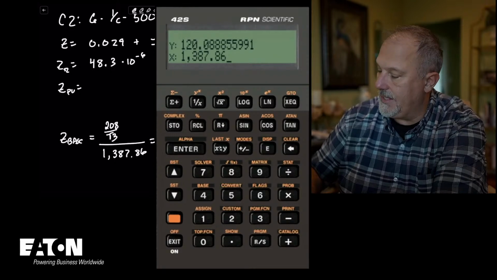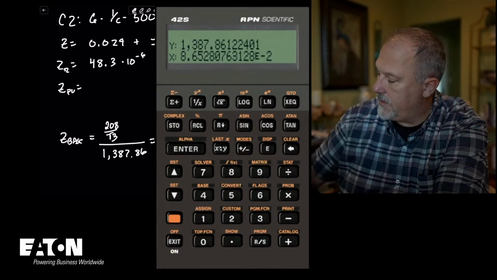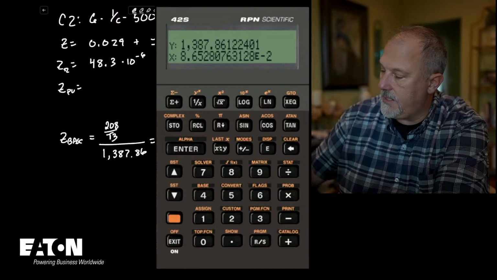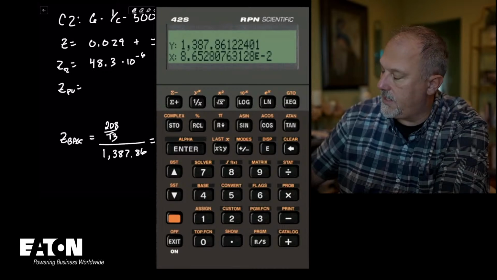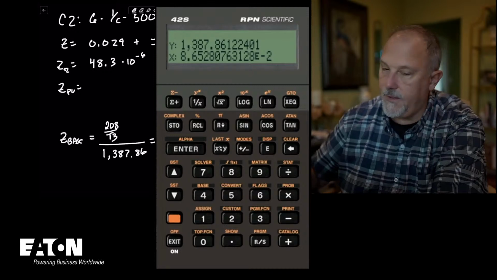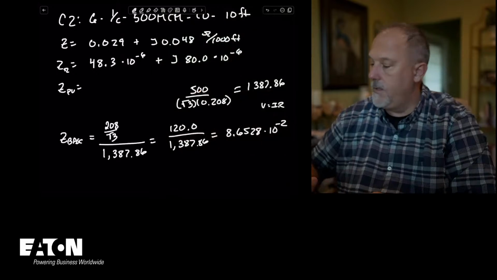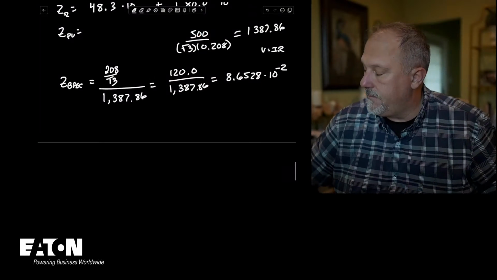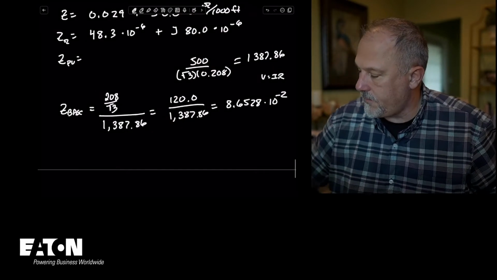Z base is 8.6528 times 10 to the negative 2. Makes sense? So far, so good.